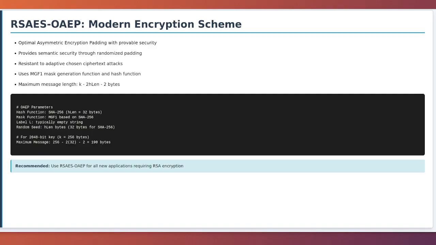This is calculated as k-2 times h-len-2, where k is the key length in bytes, 256 for 2048 bits, and h-len is the hash output length, 32 bytes for SHA-256. If you need to encrypt larger messages, you should use hybrid encryption where you generate a random symmetric key, encrypt your data with AES or ChaCha20, then encrypt just the symmetric key with RSA-OAEP.